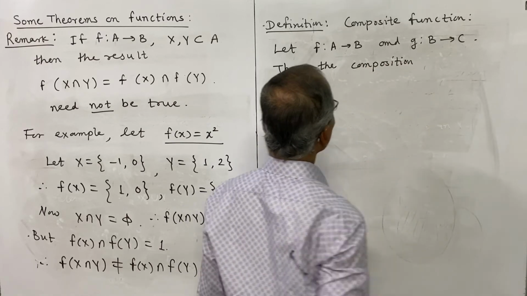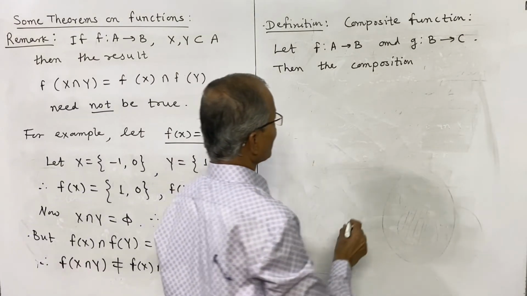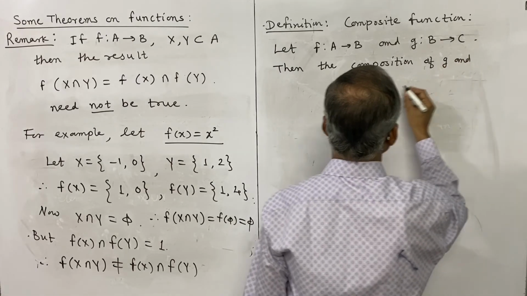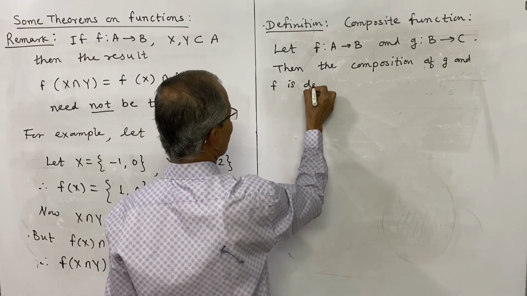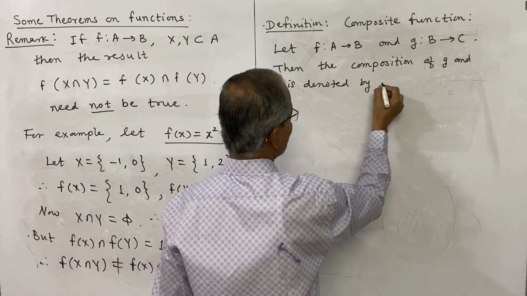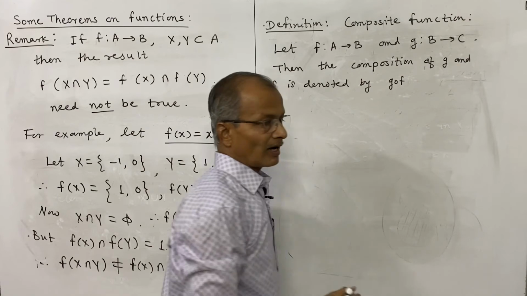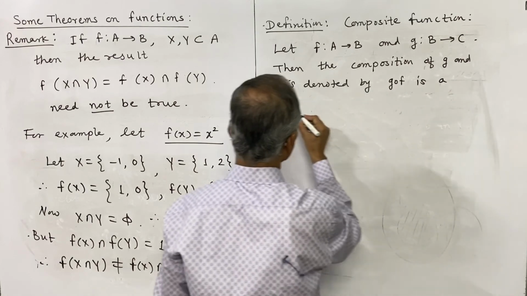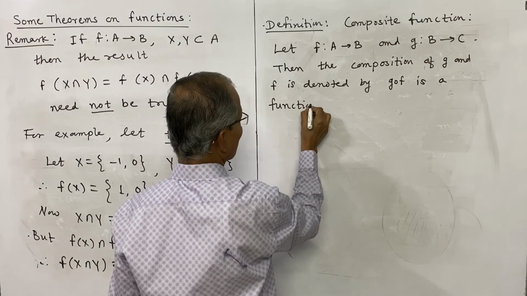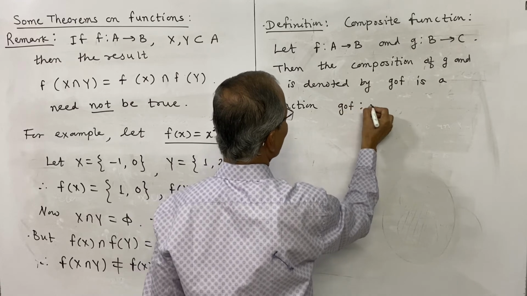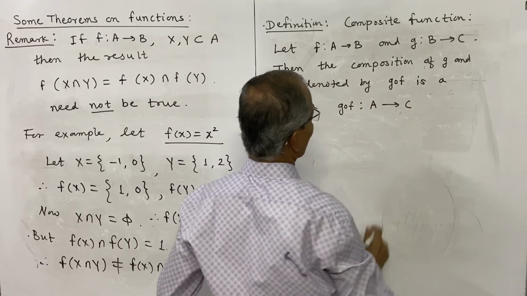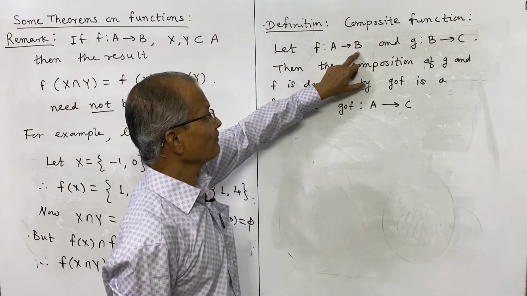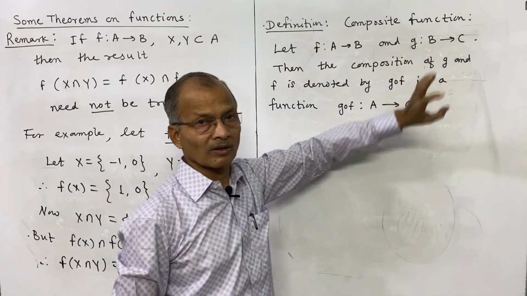Composition of g and f is denoted by g naught f, and g naught f is a function from A to C. Note here B must be common, that is, the codomain of f must be the domain of g.